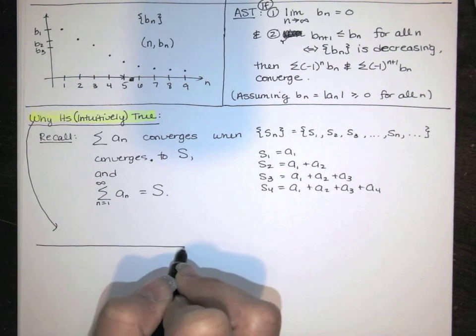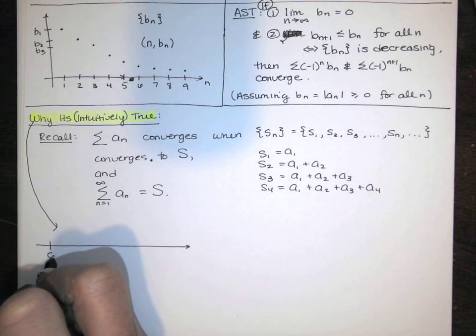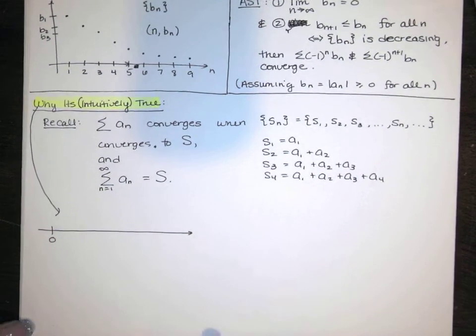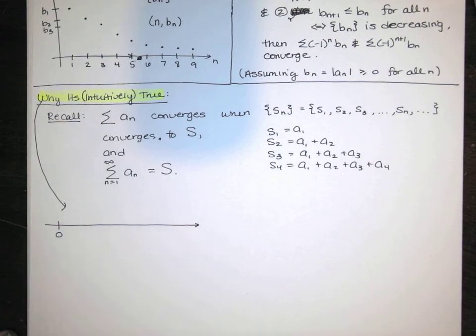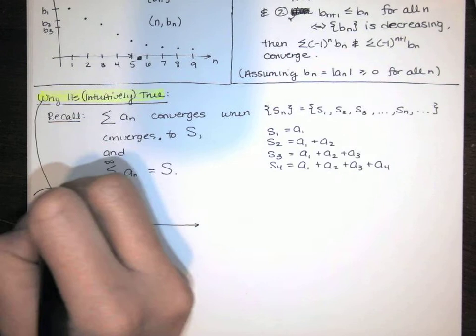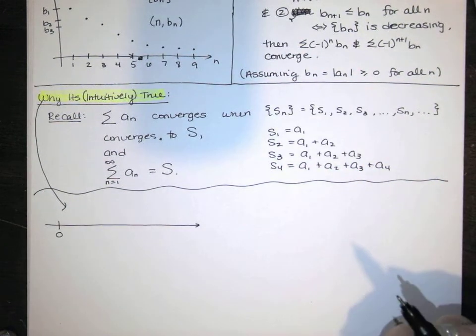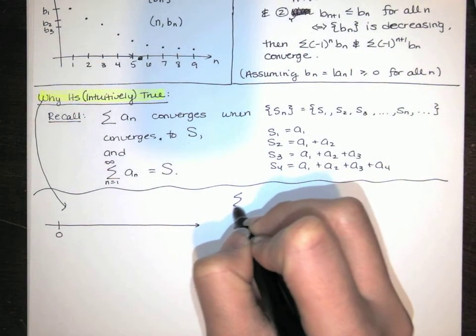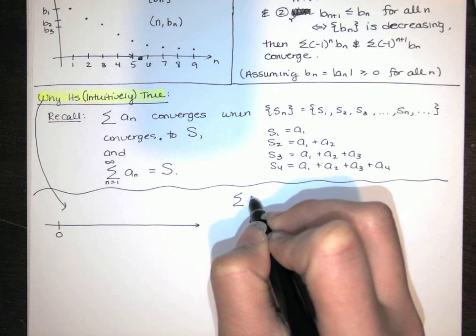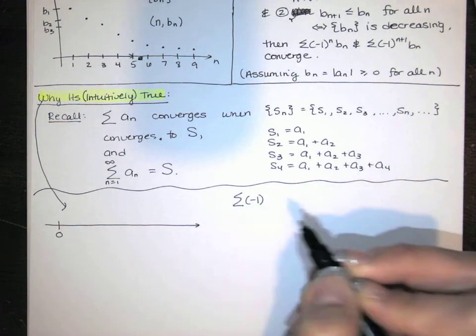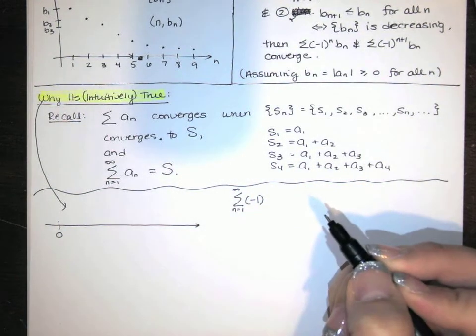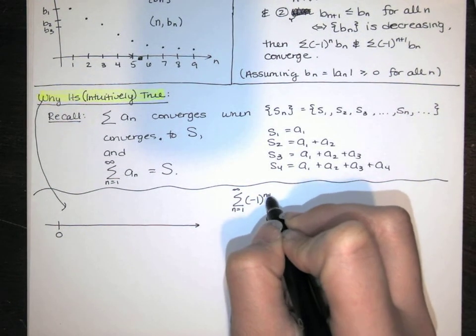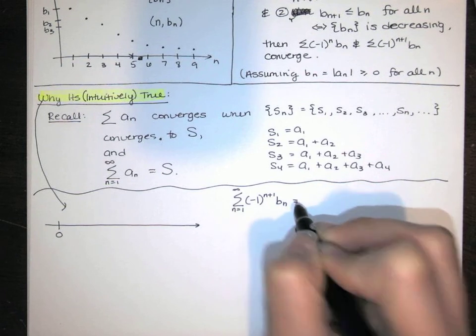So here's our number line. Let's let 0 be right here. And then let's look at the sequence of partial sums of an alternating series. So let's say we're dealing with this alternating series: the sum as n goes from 1 to infinity of negative 1 to the n plus 1 times b sub n.